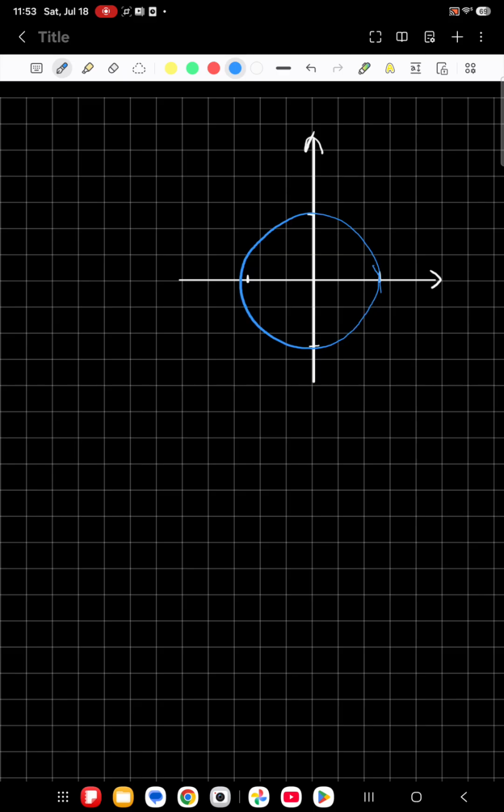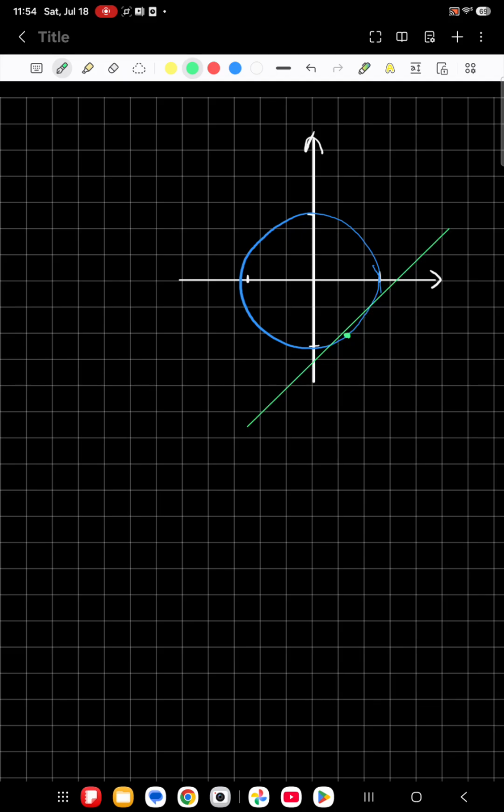It's not perfect, but let's leave it this way. The point was (3, -4), so it would be here. So here's that tangent line.